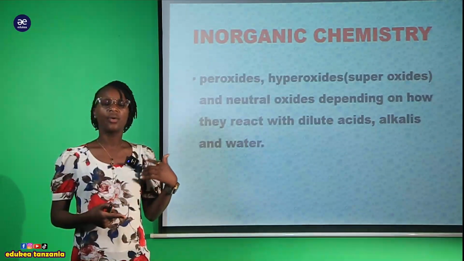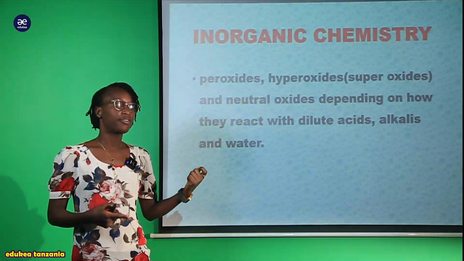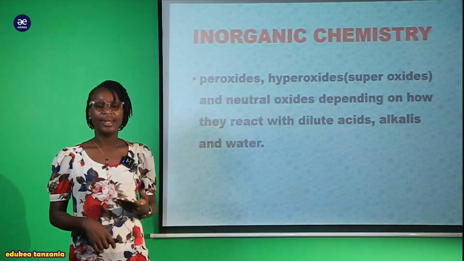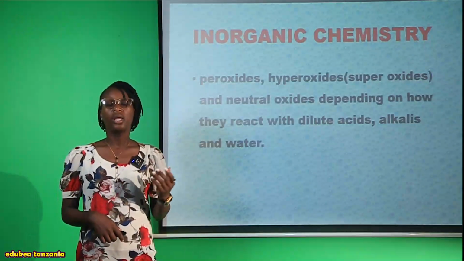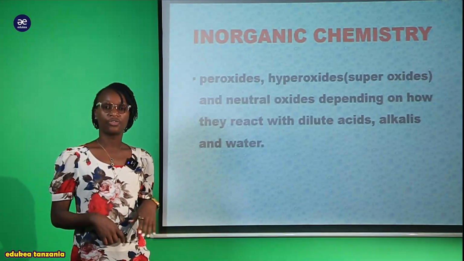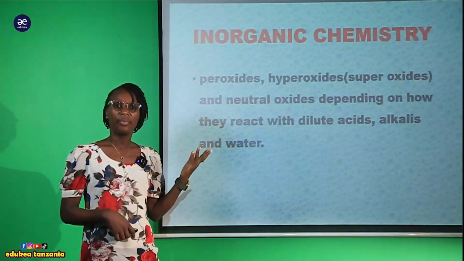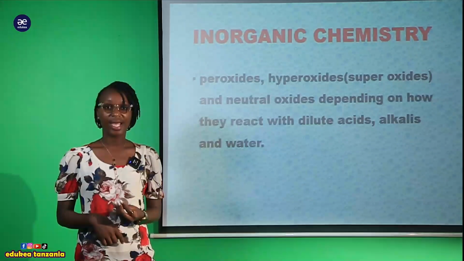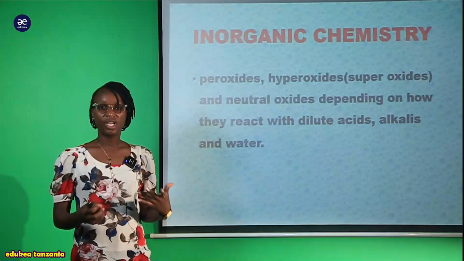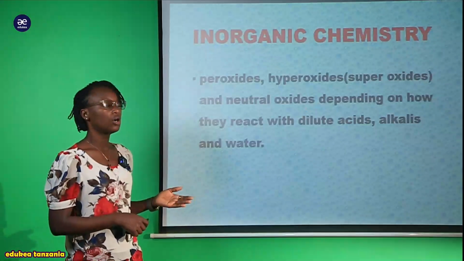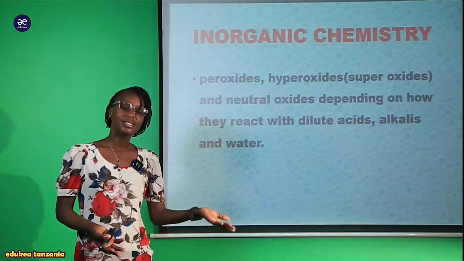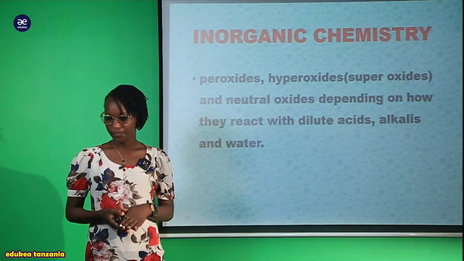For instance, the way hizi metal oxide zitakavyoreact na acids na alkalis, lakini pia na water, ndipo utakuja kupata matokeo tofauti ambapo tutaenda kupata hizo peroxide compound, hydroxide au superoxide, lakini pia sometimes we can get this neutral oxide. It can be neither acidic nor basic.